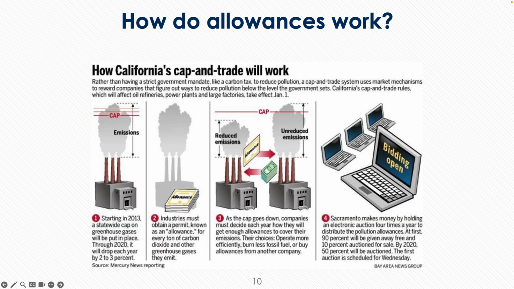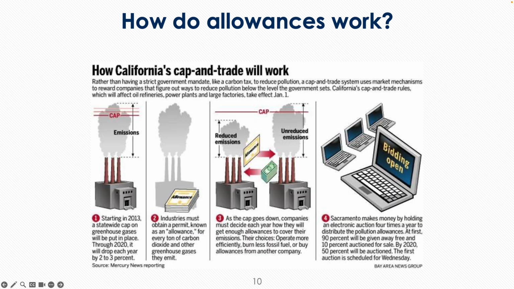So at first, a large amount of the allowances are given away for free, and then some of them are sold, right? This helps set a sort of baseline for your permit market, and then more and more of those allowances are auctioned as time goes on.